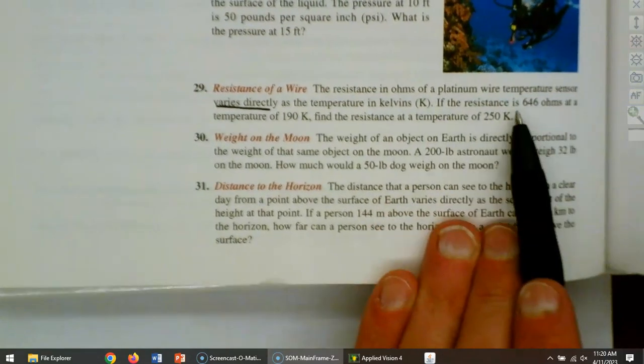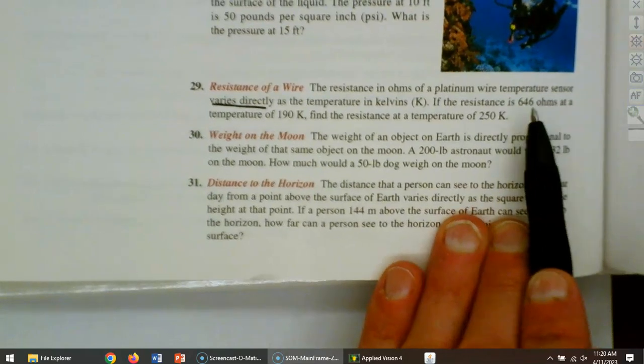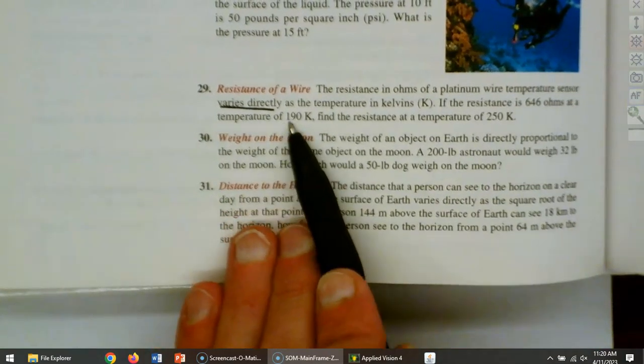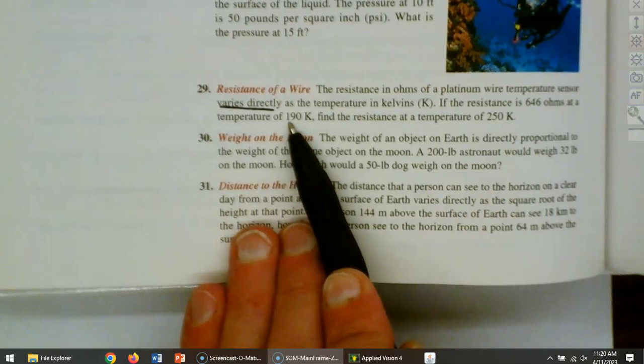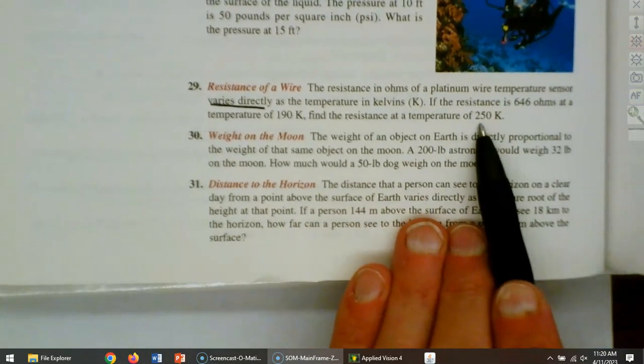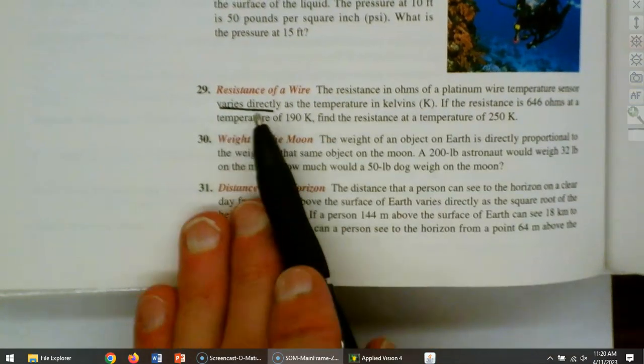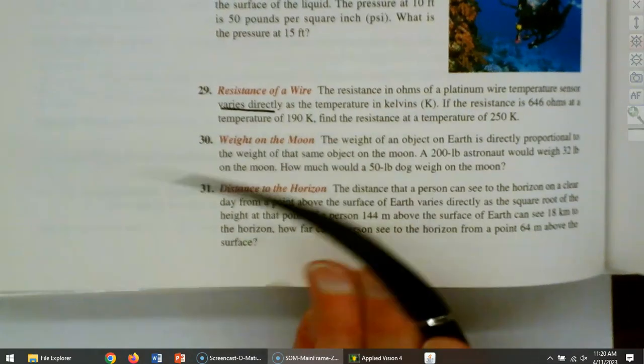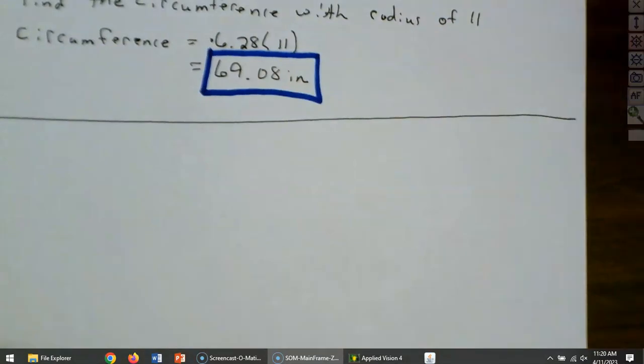Resistance varies directly to what? To the temperature. So how do we set up our formula?